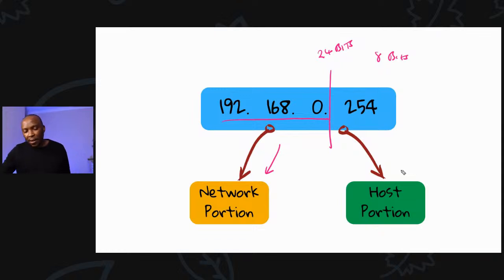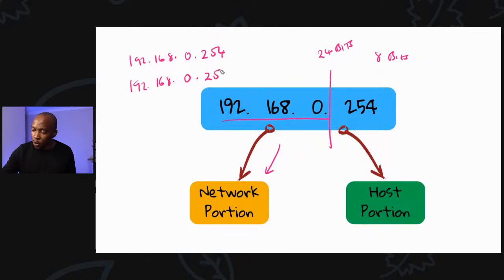What that basically means is that IP addresses of 192.168.0.254 and 192.168.0.25 and 192.168.0.13. All these IP addresses belong to the same network.